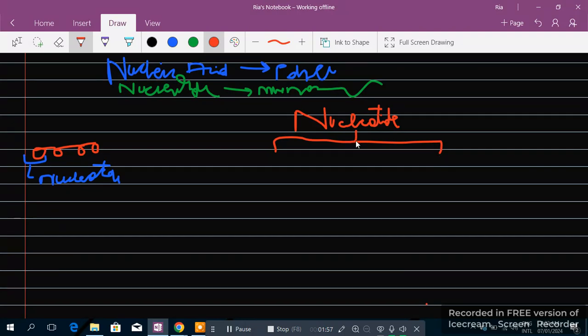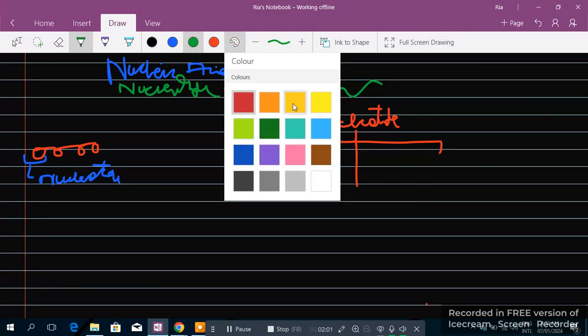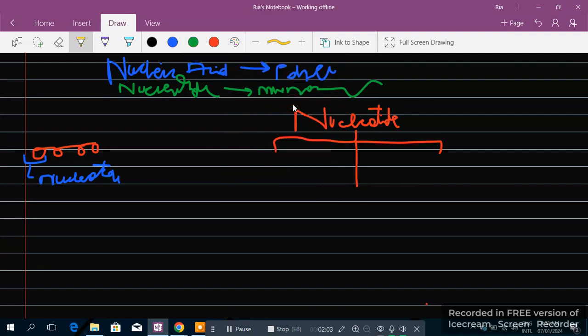What are the three structures? The three structures are phosphate, here is sugar, and in nucleic acid the sugar would be ribose sugar, a 5 carbon sugar. Then you will see nitrogenous bases.